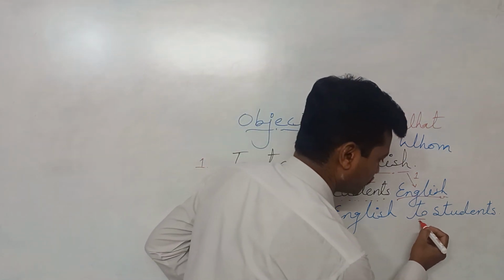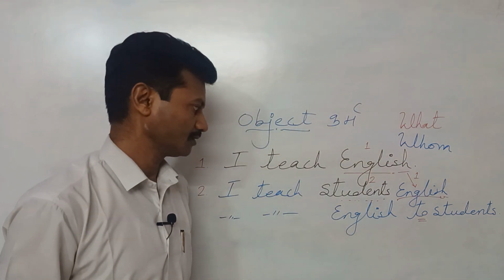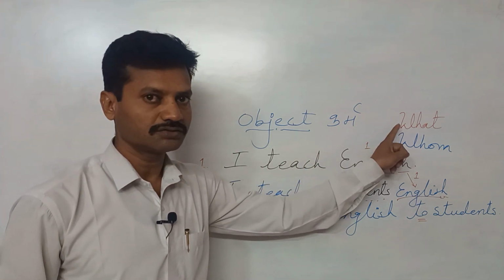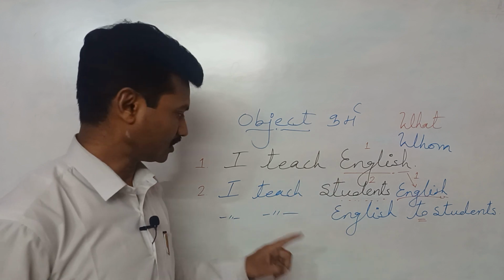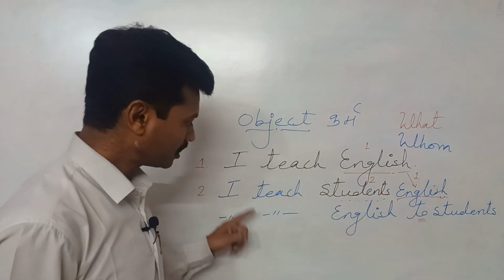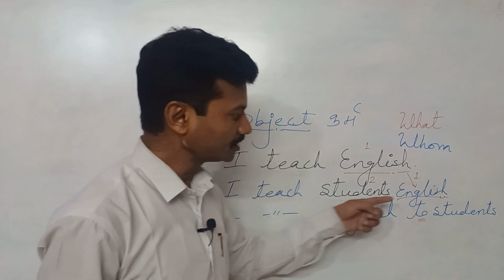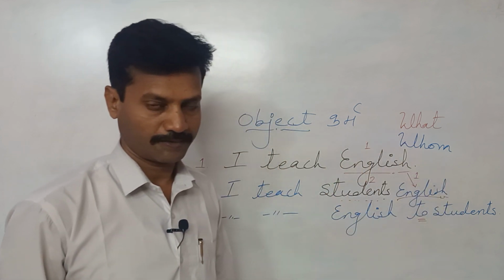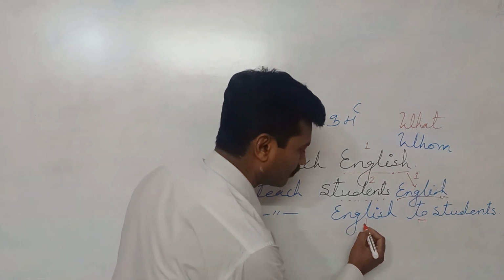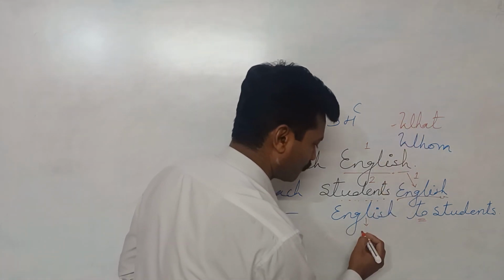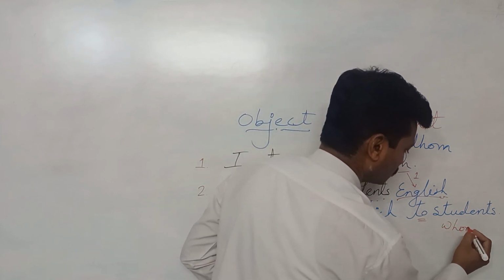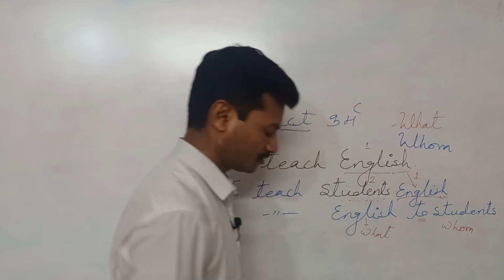Pay your attention here. I teach English. What English? Okay. I teach students English, or I teach English to students. So here we are getting two objects, with the help of what and with the help of whom.